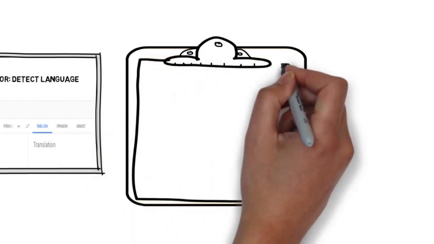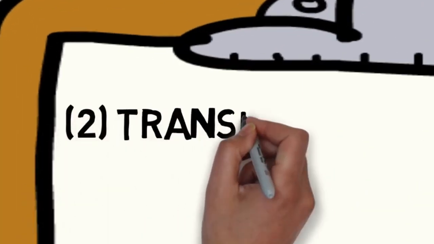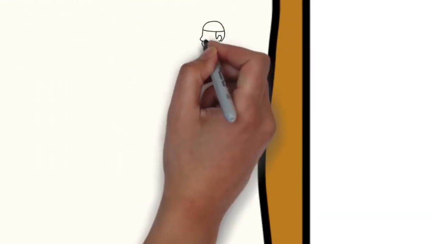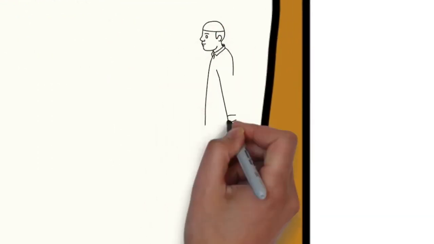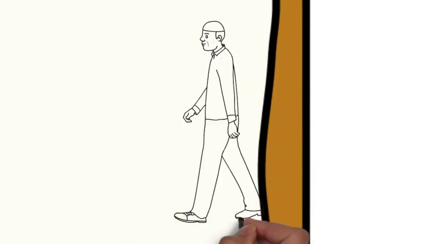Here we can do translation. Everyone knows that we can't translate names of people or place names. This is correct, but some Arabic names may be connected to English ones.